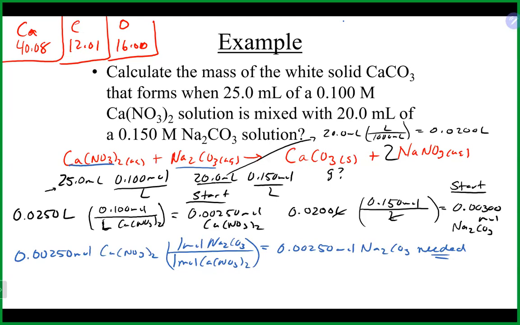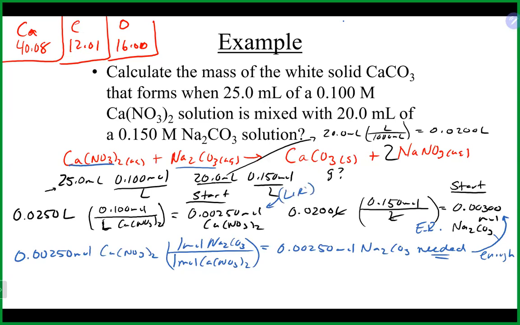When we have that number, we now want to compare it to, in this case, how much we're starting with. And do I have enough in this case of the sodium carbonate? I do. I only need 0.0025. I got 0.003. So I have enough, which means that our sodium carbonate would be our excess reagent and our calcium nitrate would be our limiting reagent.